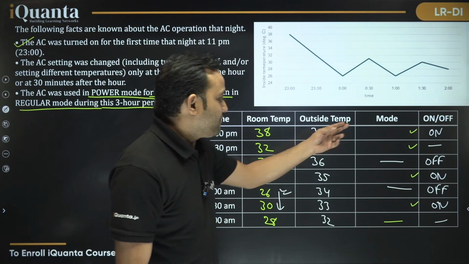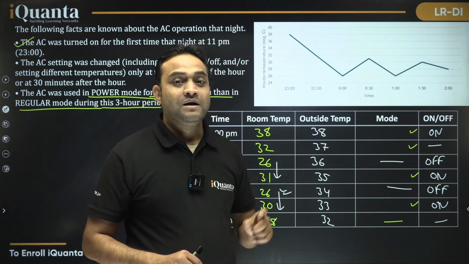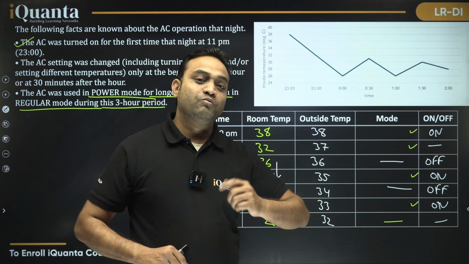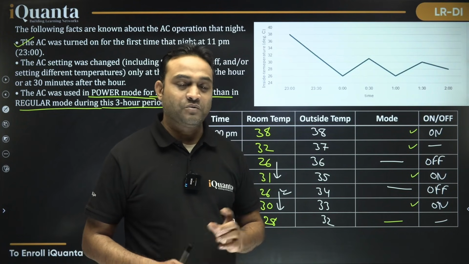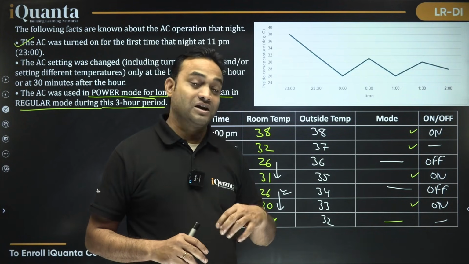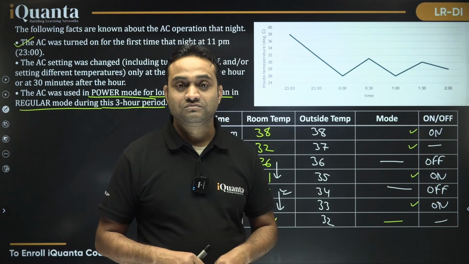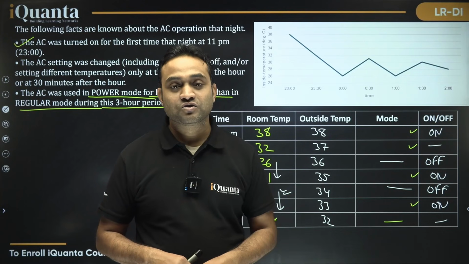So we have 4 different slots of 30 minutes. What we can say, power mode is used more than regular mode. So it cannot be 2 slots power mode, 2 slots regular mode, or 3 slots of regular mode and 1 slot of power mode, as well as 4 regular modes are also not possible.